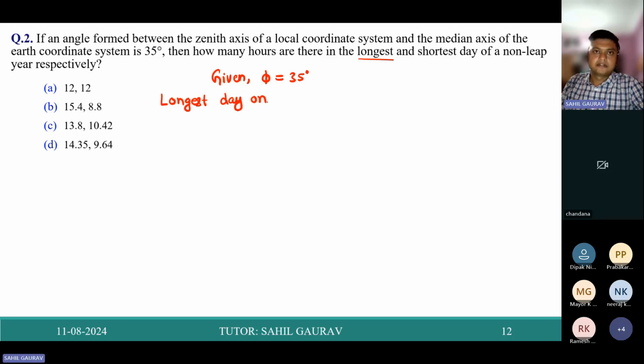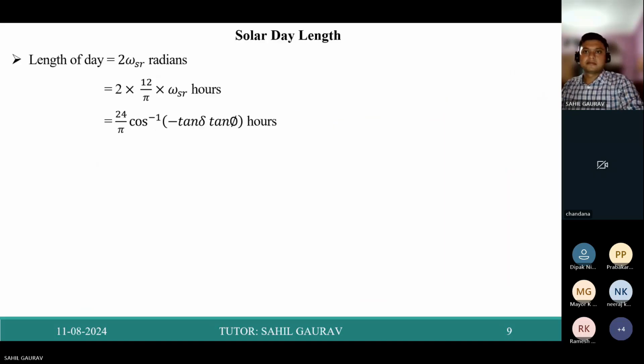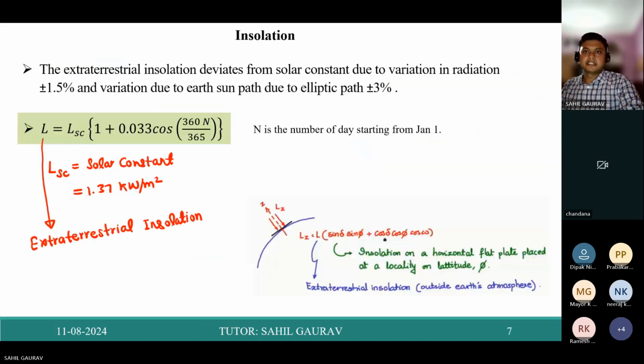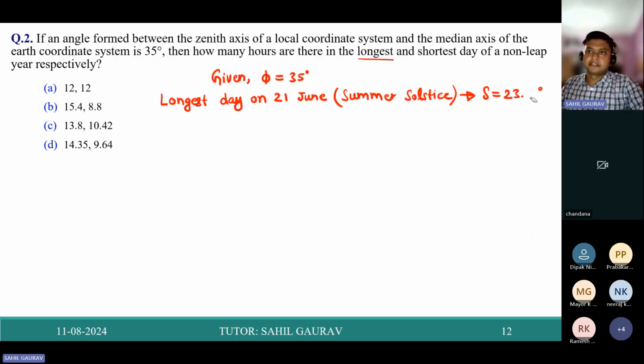For the summer solstice, this declination angle is 23.45 degree. It has been taken as 23.5, so we can take it as 23.5 degree.